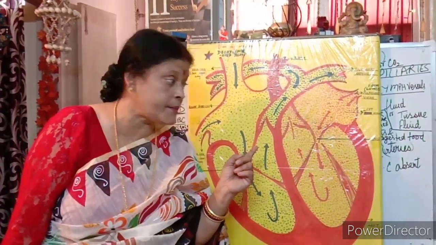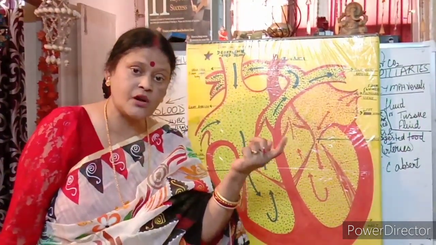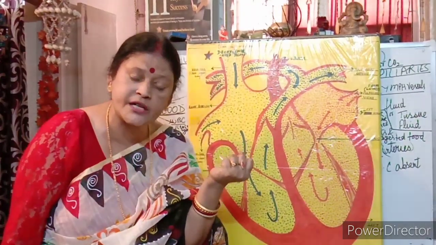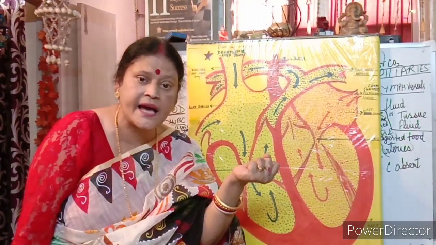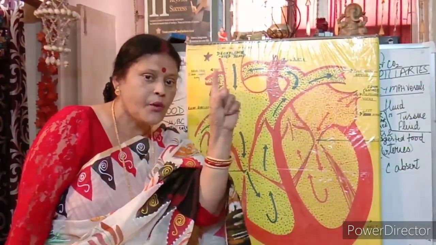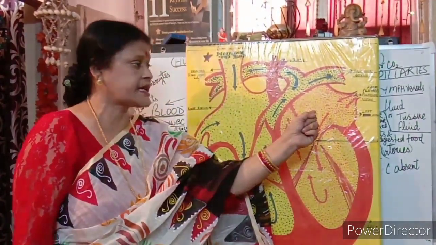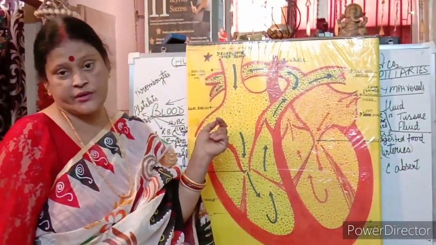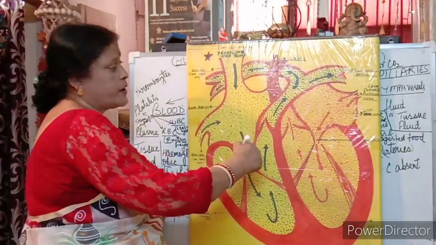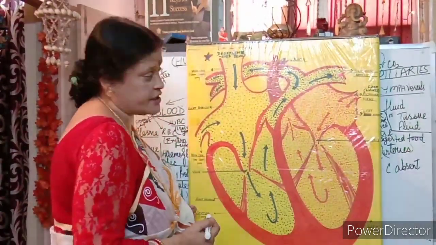This is the exception about the heart. आपके बोर्ड में एक बार आ गया था. What is the exception about arteries and veins in heart? Only the pulmonary vein is carrying oxygenated blood, and the pulmonary artery is carrying deoxygenated blood. Clear?